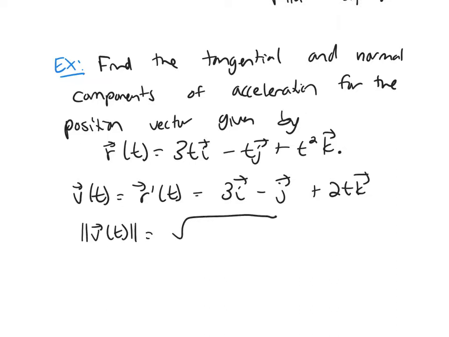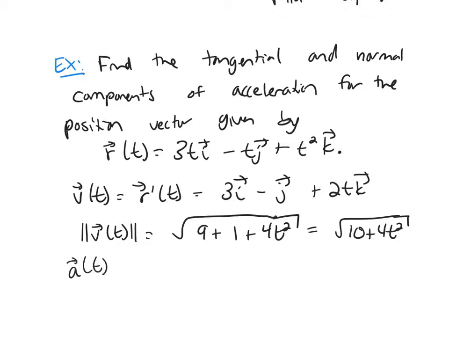So then 3 squared is 9, plus 1, plus 4t squared. So we're getting the square root of 10 plus 4t squared. And then acceleration is the derivative of velocity. So we'll just get 2k.